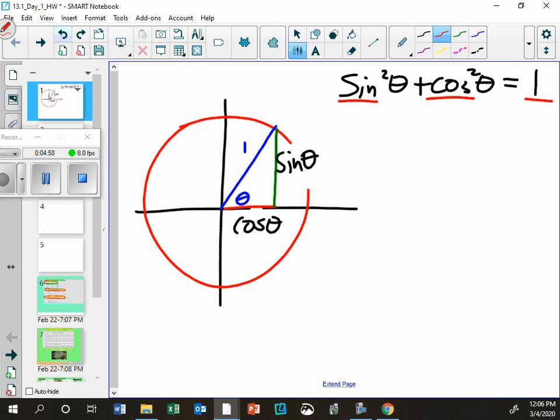Let me make sure you really believe that. 2 plus 4 is 6. Is that true, first of all? Then do you get I can divide everything by 2 if I want to, and it should still work? That's 1 plus 2 is equal to 3. Still works. Can you buy it that I can divide by anything I want, as long as I do it to both sides? Okay, so then I'm going to choose to divide by sine.